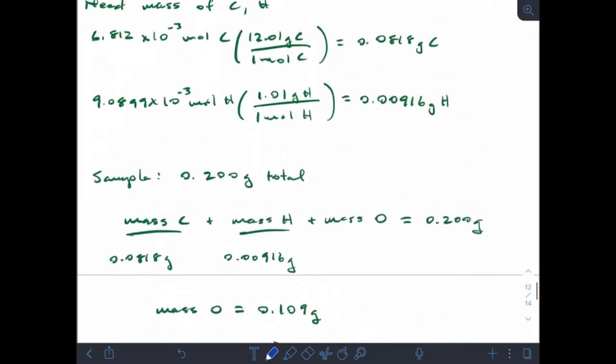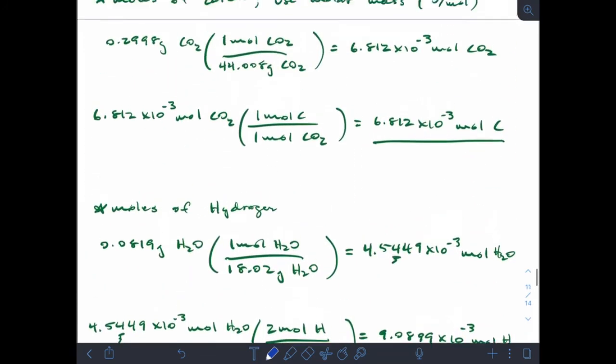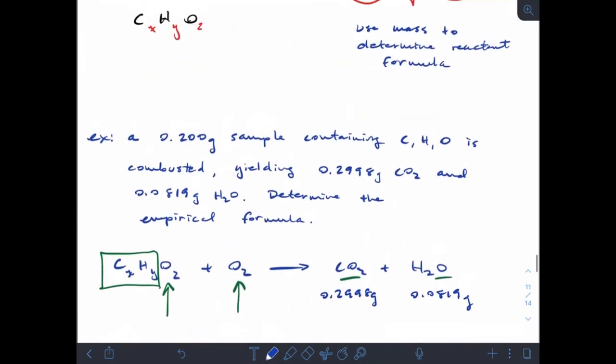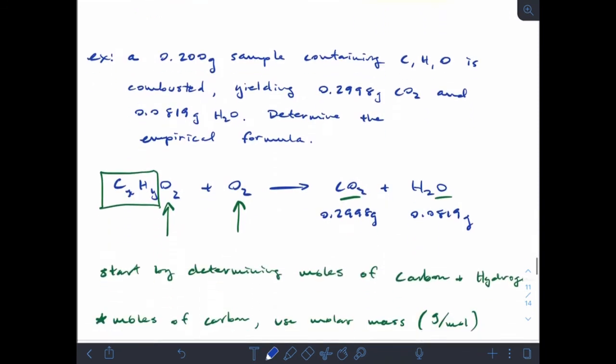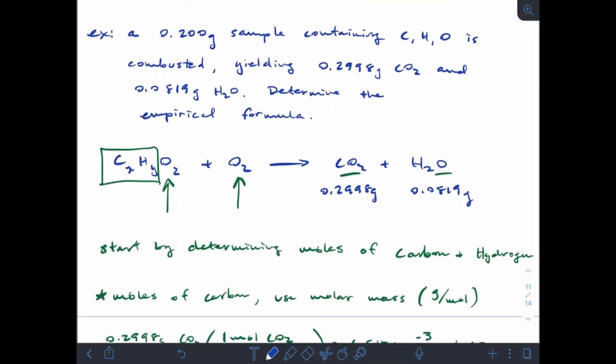Right, so this seems like a very long, sort of drawn out process. As I scroll up, it seems like it's a really intense thing. And really, these problems are easier when you only have to do with a carbon-hydrogen compound. When you have oxygen in the compound, it gets a little trickier.